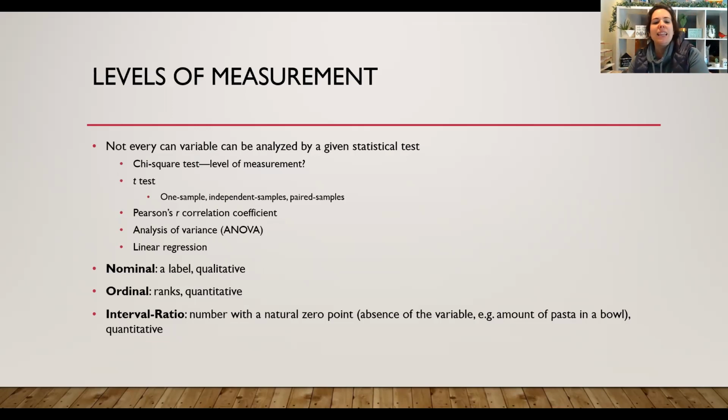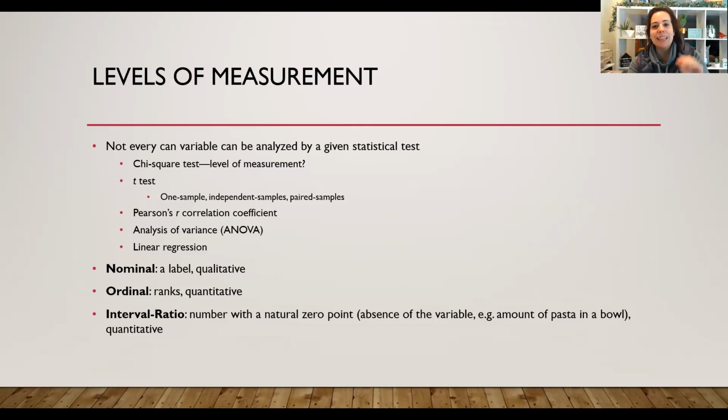Okay, levels of measurement. So not every variable can be analyzed by a given statistical test. Some of them, and we'll learn about this semester, you need a specific type of level of measurement. So nominal, that's one of the levels.